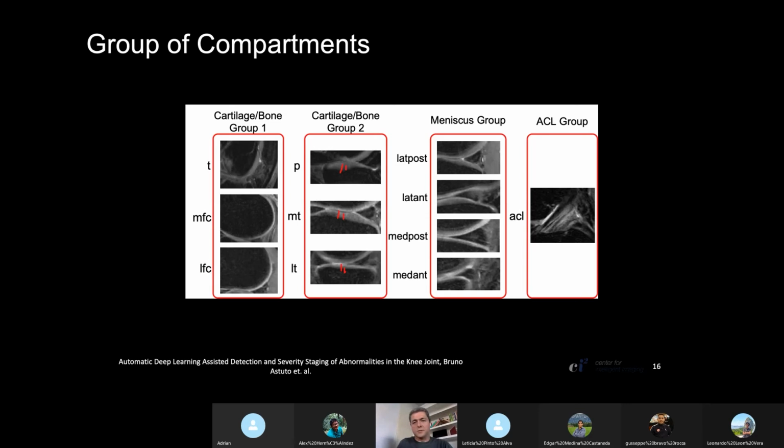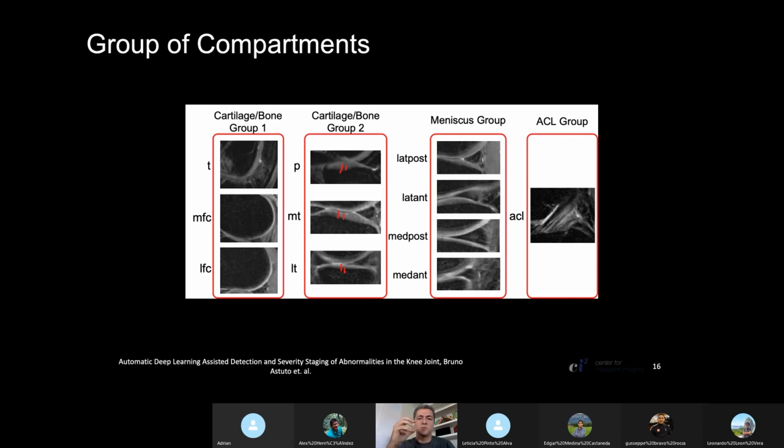Okay, augmentation. I only did data augmentation to reflect the variability within the data set. I didn't use contrast because the contrast is important in this specific MRI sequence.